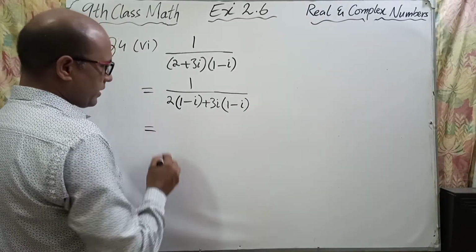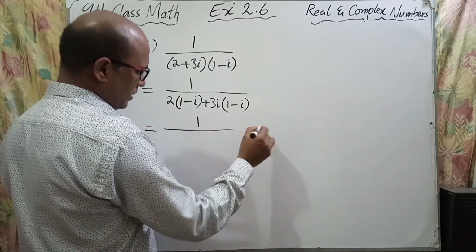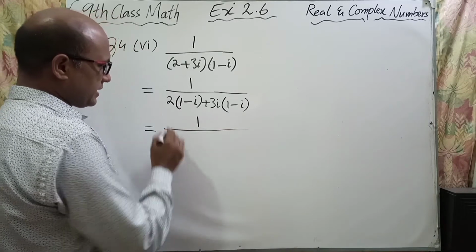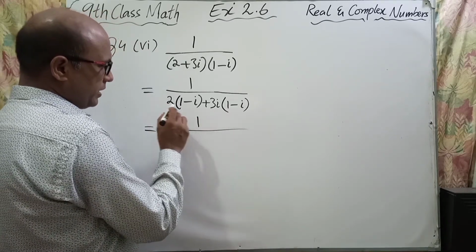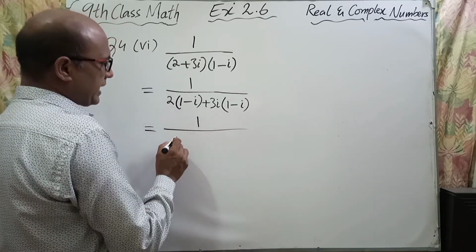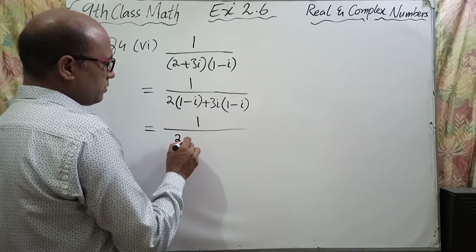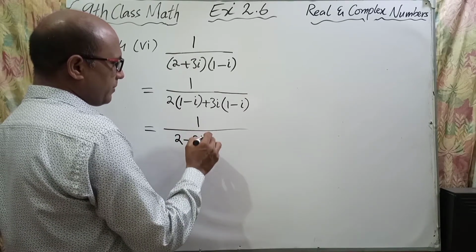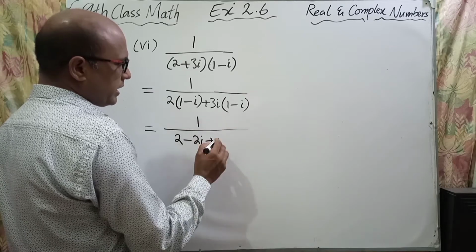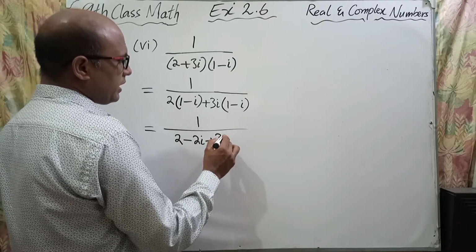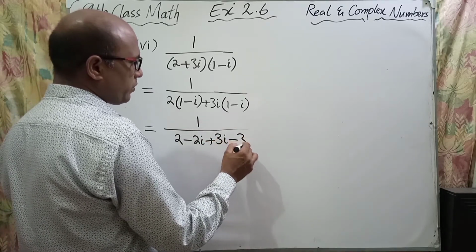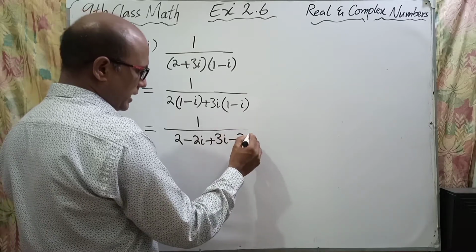Students, 1 numerator will be written as it is. Now multiply these numbers inside the bracket. 2 ones are 2 minus 2 iota plus 3 ones are 3 iota minus 3 ones are 3 iota square.